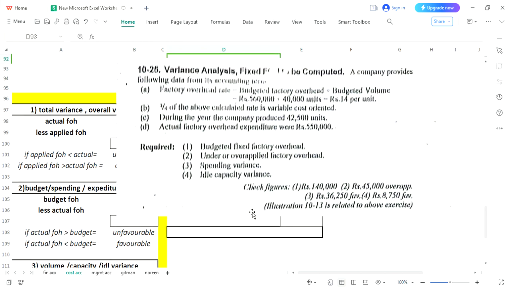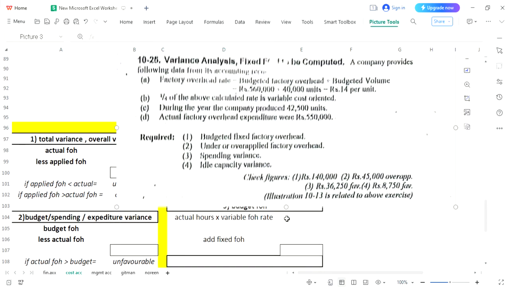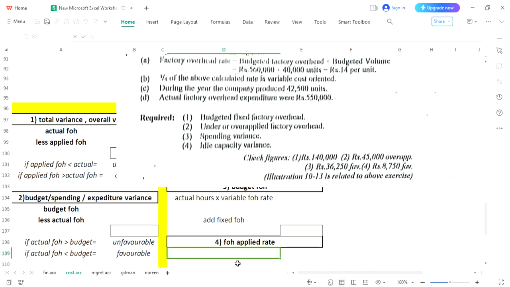Normally you calculate the total FH rate and then you calculate the fixed FH rate and variable FH rate. But what is happening over here? Factory overhead rate at part A is already given, that is 14. It means you do not need to calculate it. The fourth part was to calculate the FH applied rate. Now please try to understand. 14 is already given. How do you calculate the fixed FH rate?